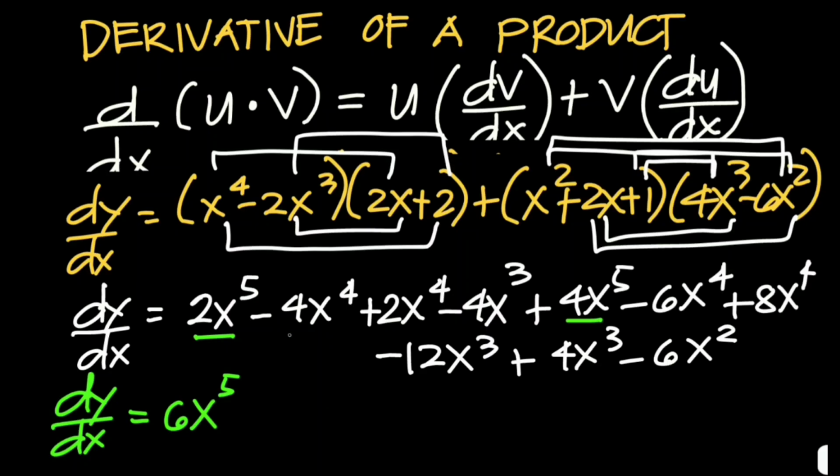Then we have negative 4x to the fourth plus 2x to the fourth is negative 2x to the fourth, plus 8x to the fourth is negative 6x to the fourth. So negative 4 plus 2 is negative 2. Negative 2 plus 8 is, that should be positive.